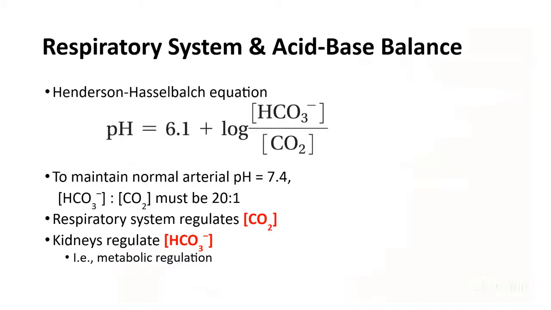Now that we're thinking about acid-base balance, we can affect how much bicarbonate we have, or we can affect how much carbon dioxide we have as we're trying to keep things in balance. It's the respiratory system's job to regulate carbon dioxide. You're breathing in and out, you're ventilating in order to make sure that you're breathing off enough carbon dioxide.